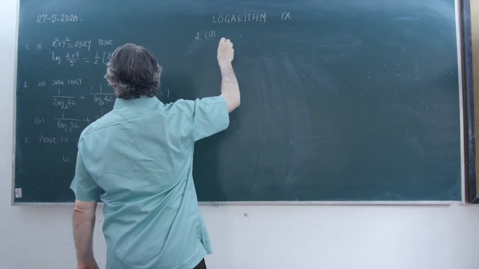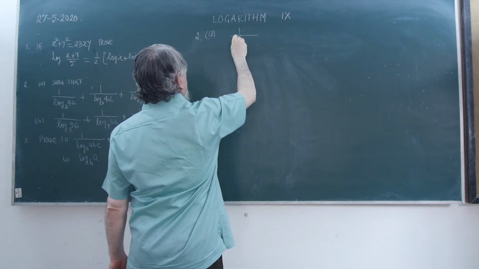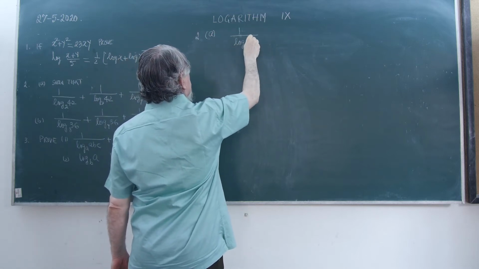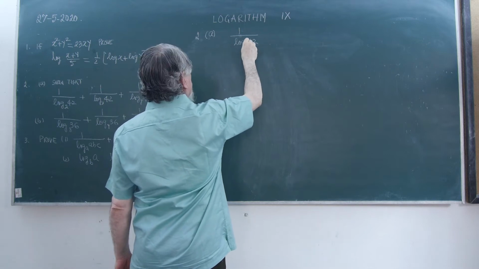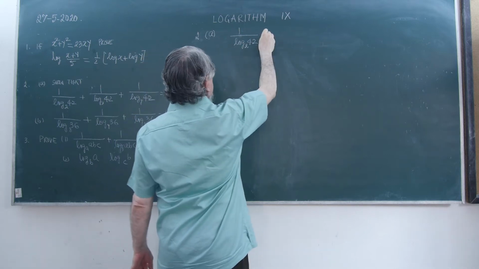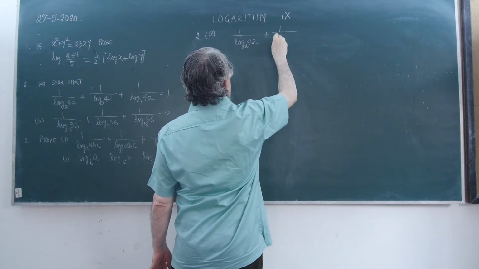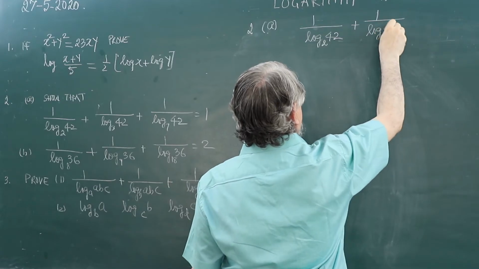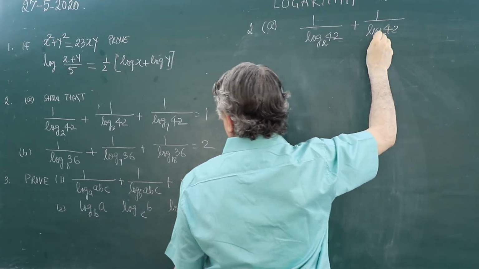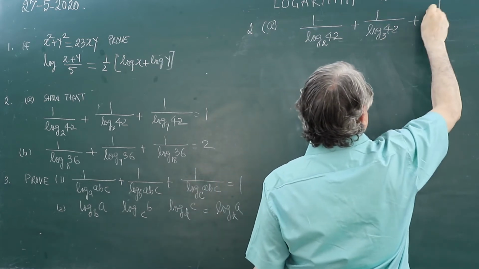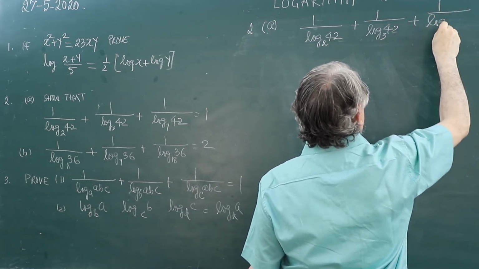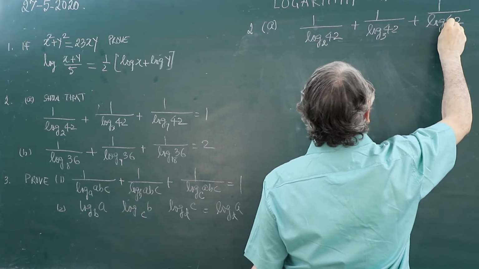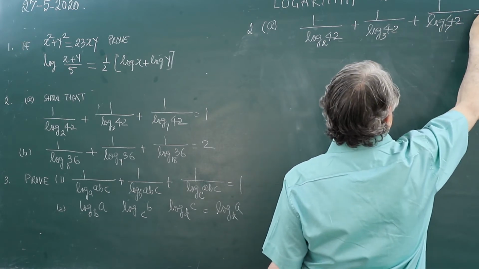In part A, I have 1 upon log 42 to the base 2 plus 1 upon log 42 to the base 3 plus 1 upon log 42 to the base 7 is equal to 1.